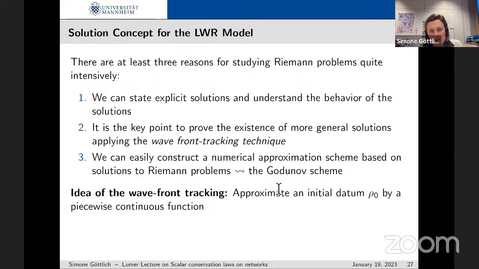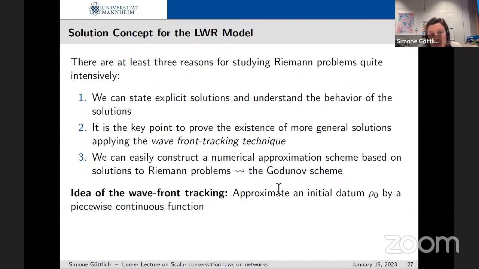So why is it necessary to study these Riemann problems so intensively? First of all, it gives you a good picture of which kinds of solutions we can expect if we consider more complicated initial data. Further, it's the key ingredient to prove the existence of more general solutions applying the wavefront tracking technique.